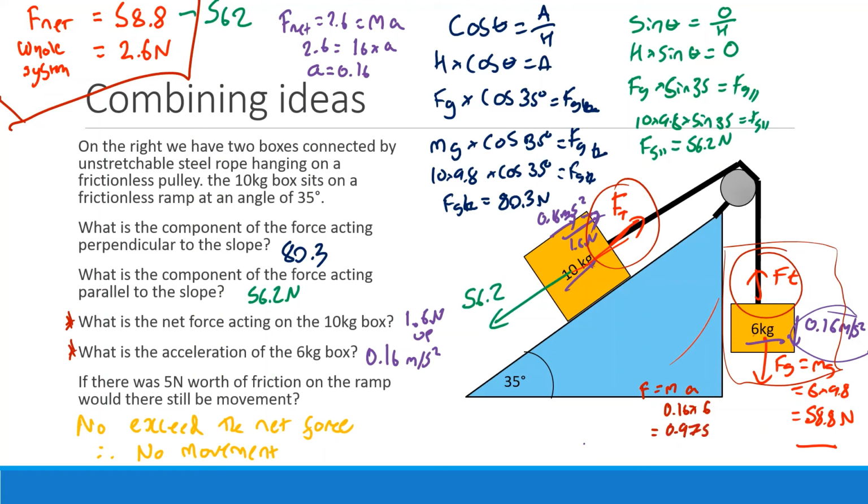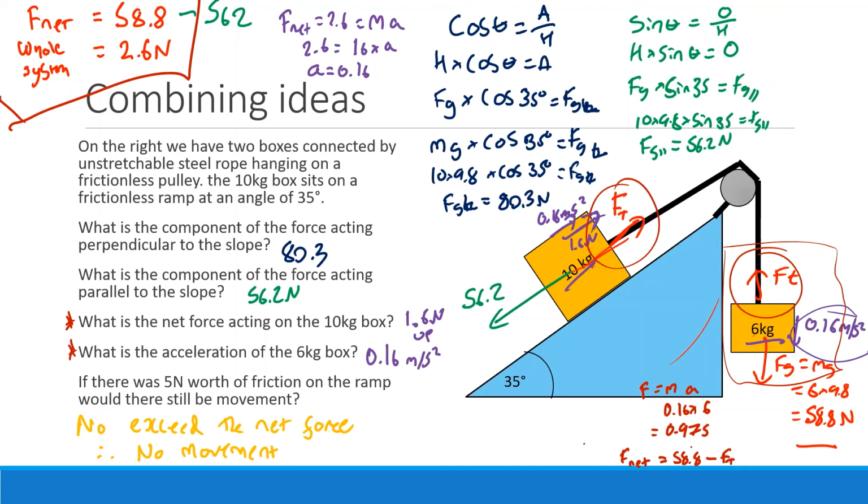That means the net force, F net, is going to be our gravitational force downwards, which in this case is 58.8, minus our tension force upwards. If I've got 58.8 minus the force, and that's going to equal the net force. Sorry, let me just rearrange that.